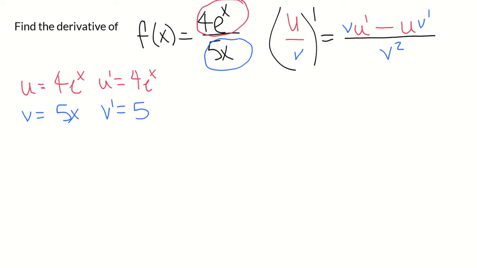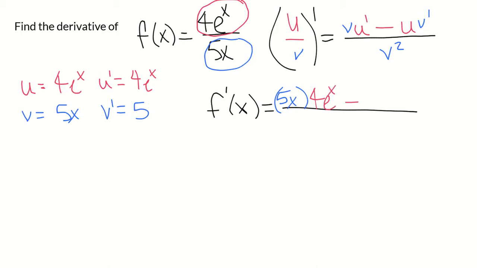So f prime of x is going to be v, so 5x, times u prime, so times 4e to the x, minus u, which again is 4e to the x, times v prime, which is 5, divided by v squared, so divided by 5x squared.